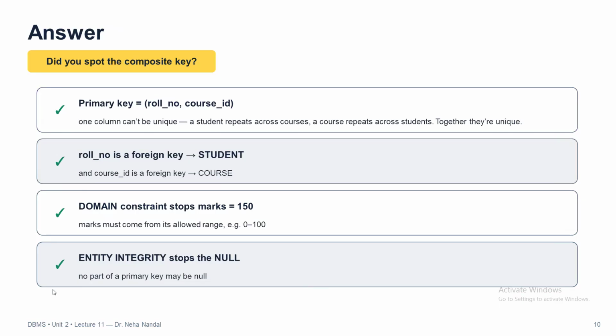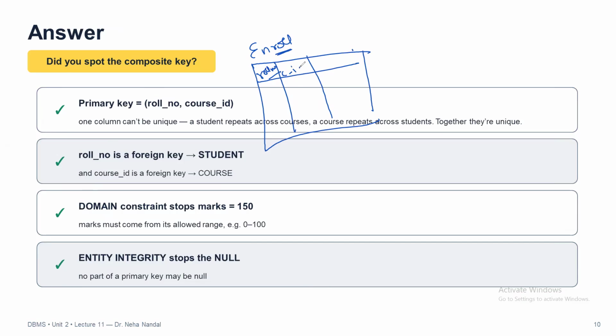So why is this happening? Imagine this scenario. This is your table of enroll. I'm just considering two columns right now, roll number and course ID. Suppose roll numbers 101, 102, and 101 again.